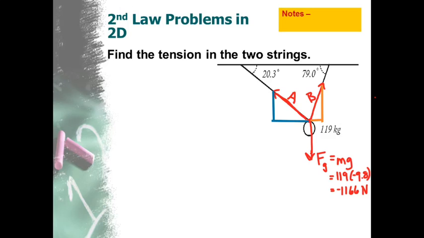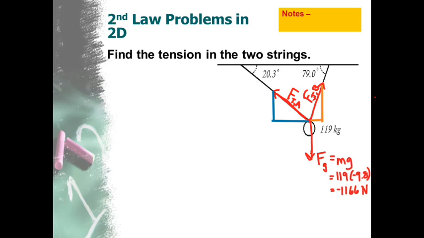Now I can split the tension in rope A into two components. Actually, better to call those by their forces, instead of just calling them A and B. So this is the force of tension in rope A. This is the force of tension in rope B. Okay, so the same names that we had last time.